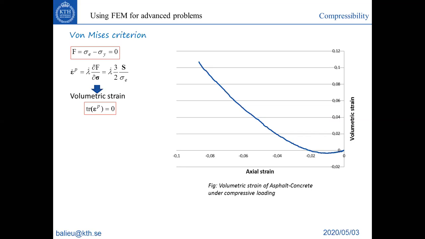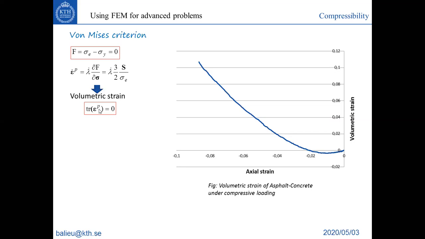So basically, your material can increase or decrease volume depending on whether you are in tension or compression. So what does it mean that the trace of the plastic strain is equal to 0? It means the contribution of the plasticity to the change of volume is equal to 0. There is no volume change due to the plasticity.